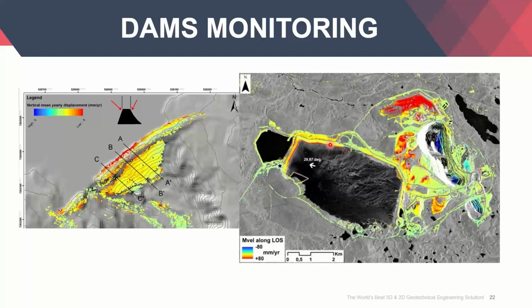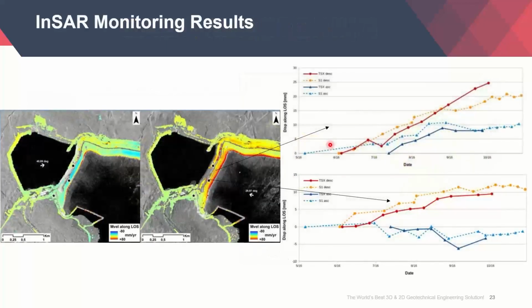So in the next slide, I'll show you a bit more details about the particular monitoring system. So with the sensor monitoring, what they have done is they have taken 2 points, and based on each date along the line of sight, they have monitored the displacements in a year. That is point one and point two. These two graphs on the right show the displacements based on each date.